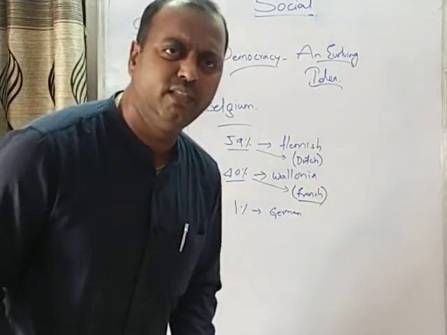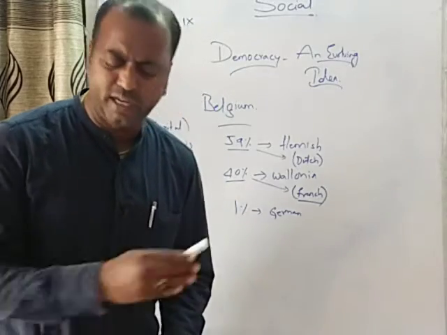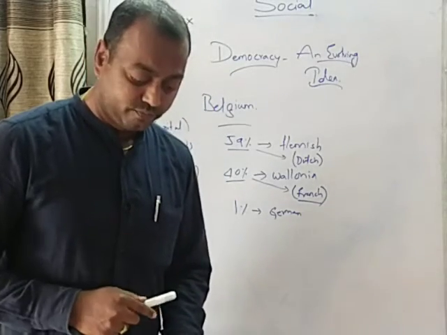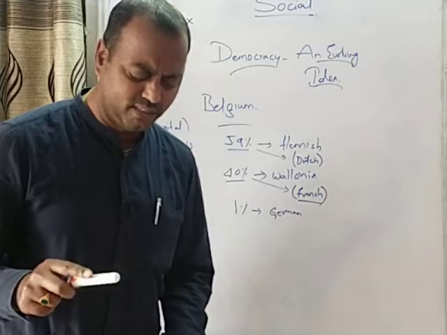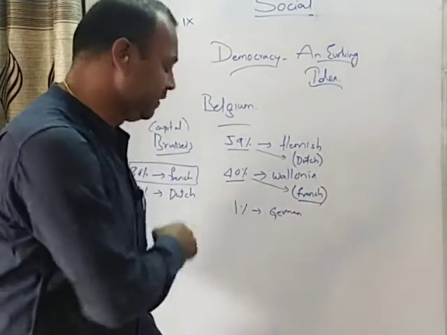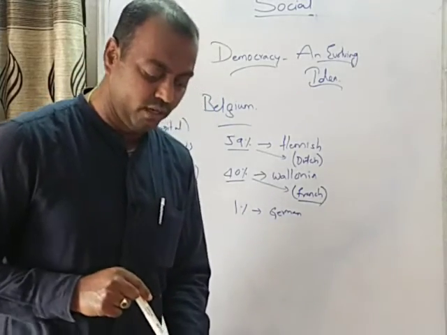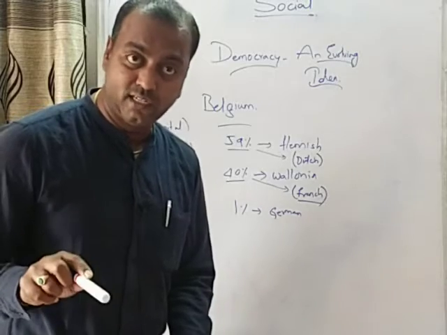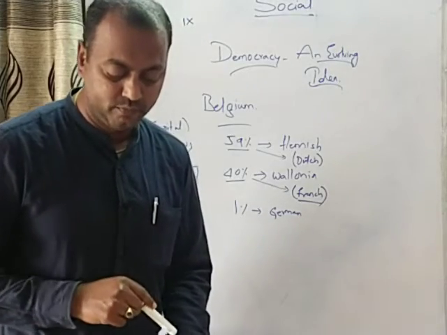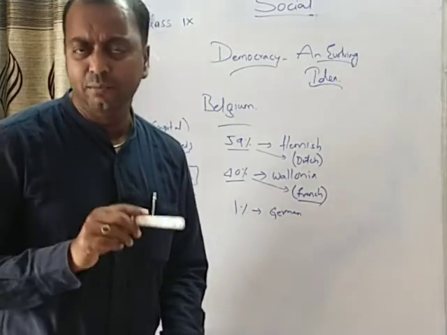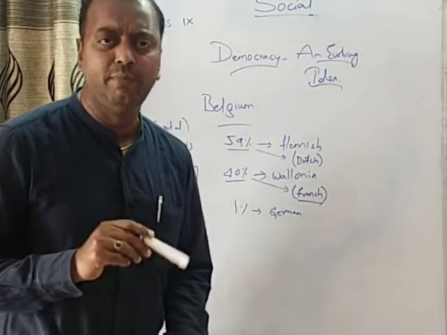The tension was more acute in Brussels because Brussels presented a special problem. The Dutch speaking people constituted a majority in the country but a minority in the capital, and this is the major problem in Belgium.